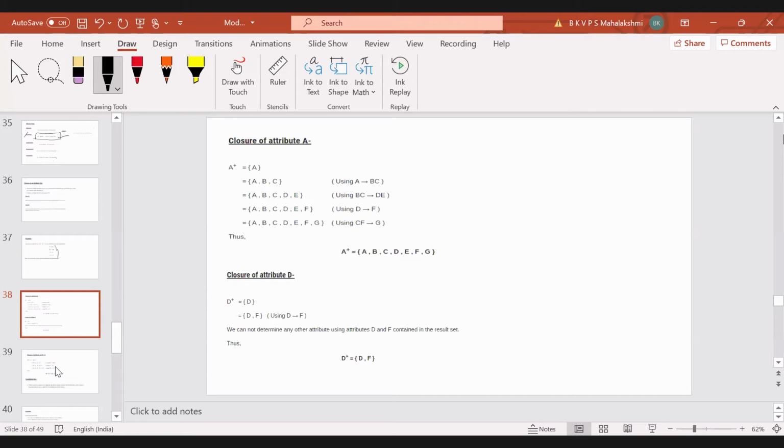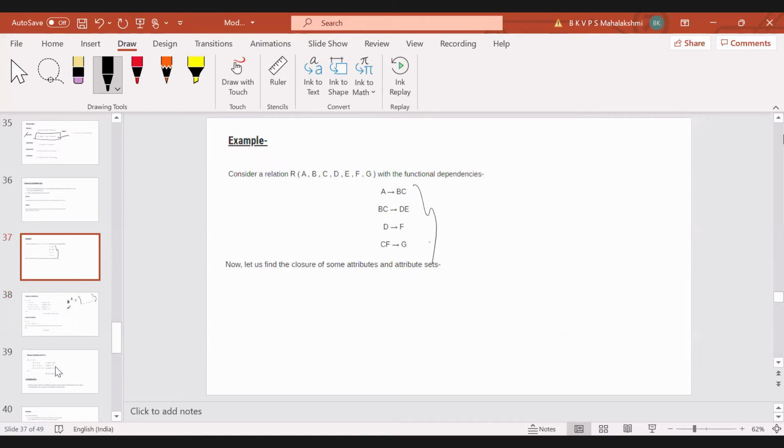So the symbol is A plus, and within the curly braces, we have to identify the closure attributes of A. A tends to B, C. So that means A determines B, comma C. A, B, C. Again in this set, B, C determines D, E and C here.